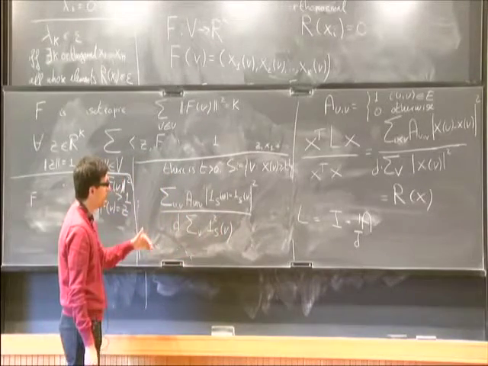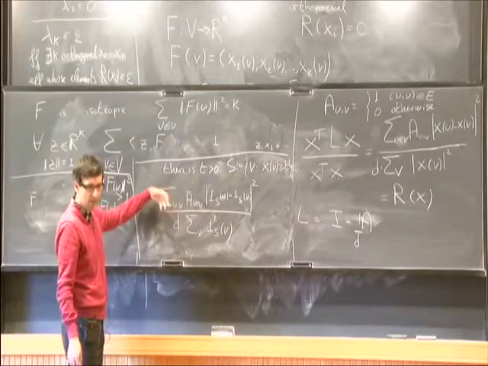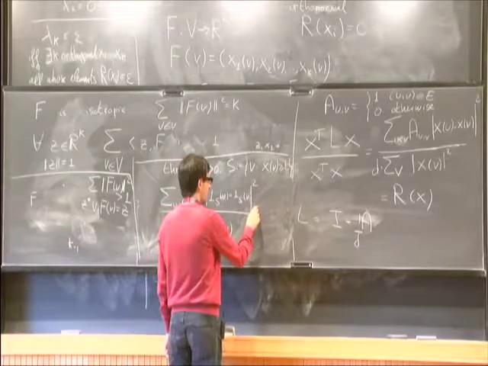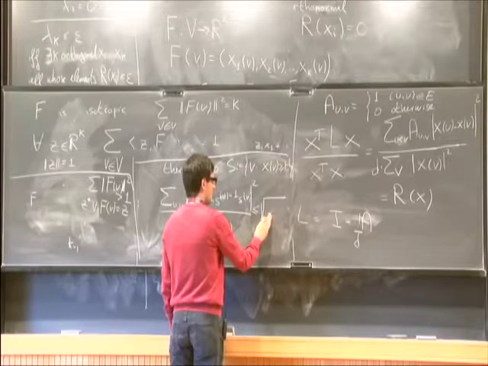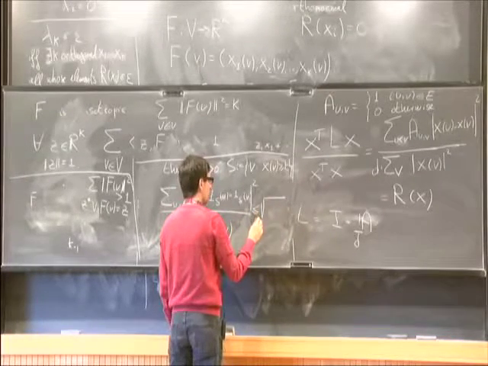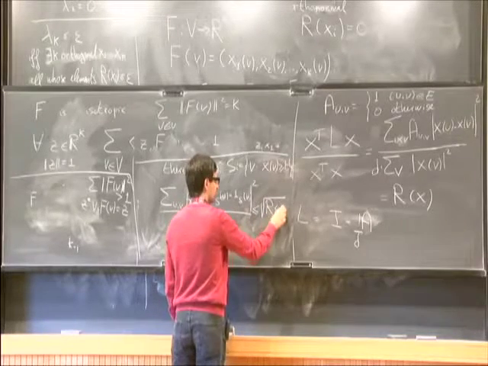So we can find a t such that this expression, which is like the Rayleigh quotient of the indicator function of the set, is at most the square root of the Rayleigh quotient of x.